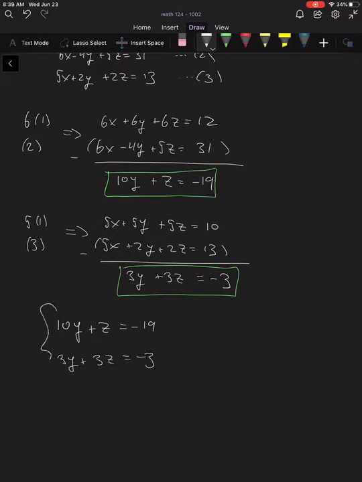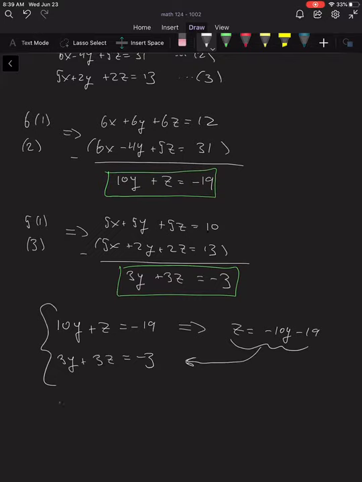So now let's solve this problem just like how we did last section. What do we want to do here? Maybe substitution actually, because for this first equation up here, we can solve for z easily. We see that z is equal to minus 10y minus 19. All we do is subtract the 10y over. And then we can plug this into our second one.